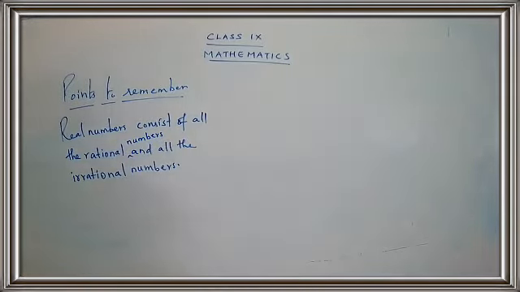Real numbers consist of all the rational numbers and all the irrational numbers. Real numbers consist of all the rational numbers and all the irrational numbers.